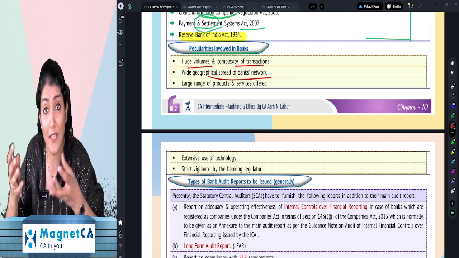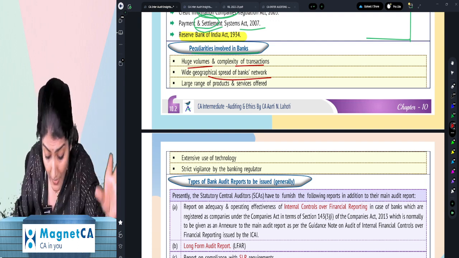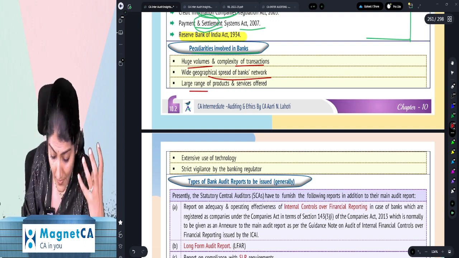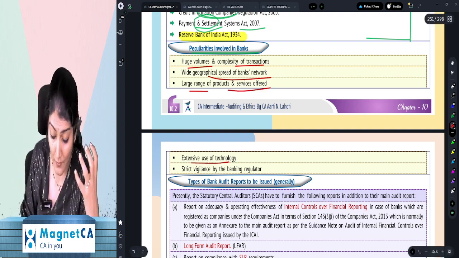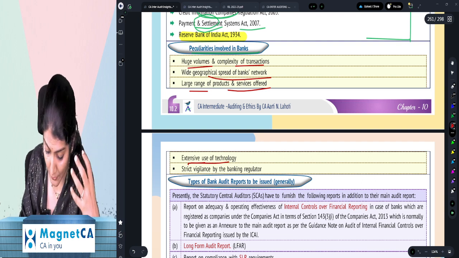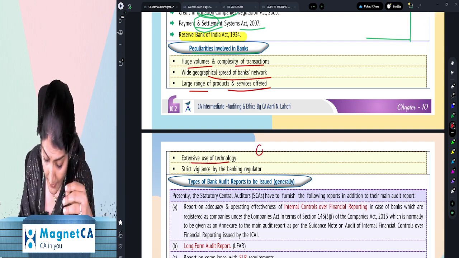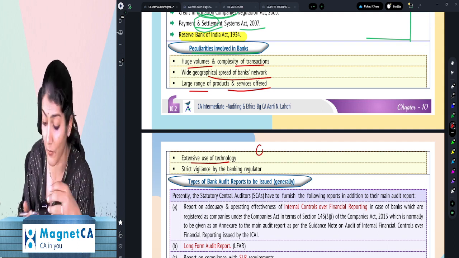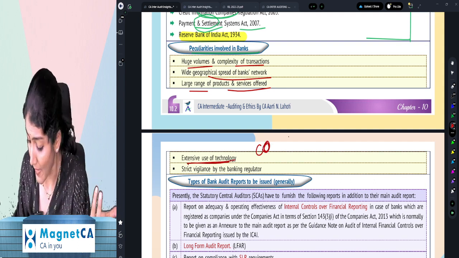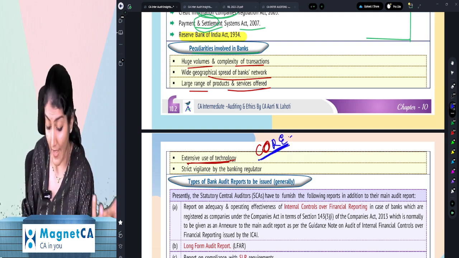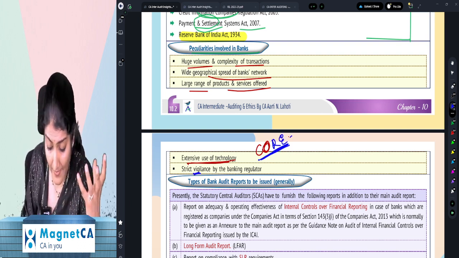Then they are not doing just one or two activities. They have a large range of products and services. And obviously all of this is done with the help of technology. So there is extensive use of technology. We talk about the core system of banking, the centralized online real-time electronic system being used in the case of the bank. And in spite of all this, they can't decide anything on their own.